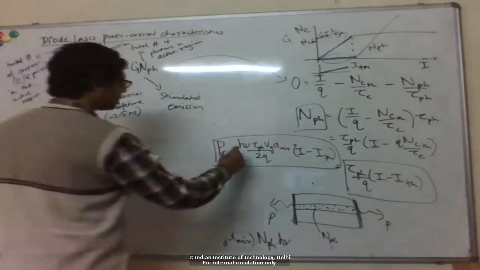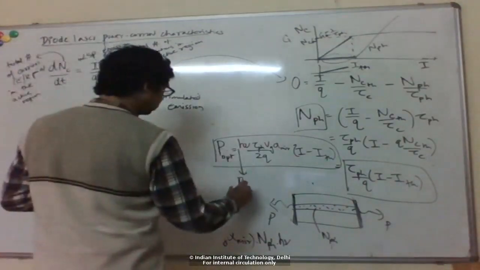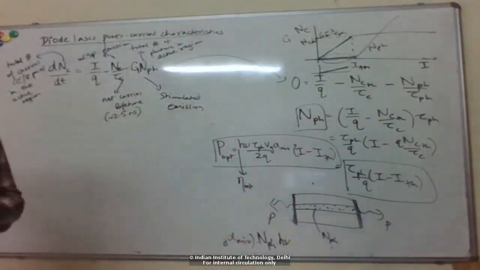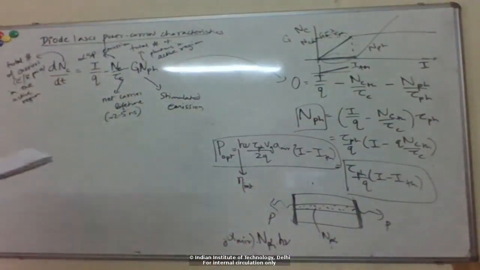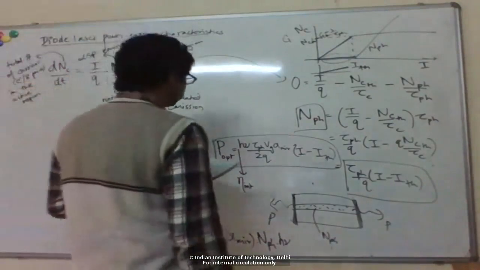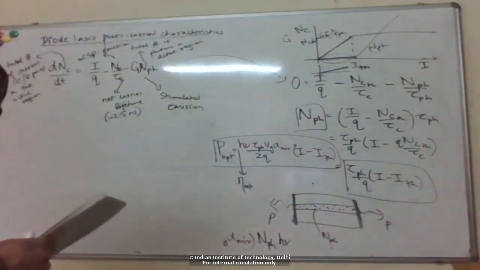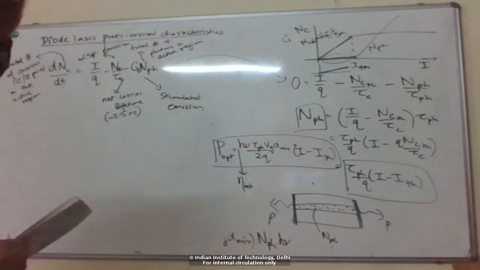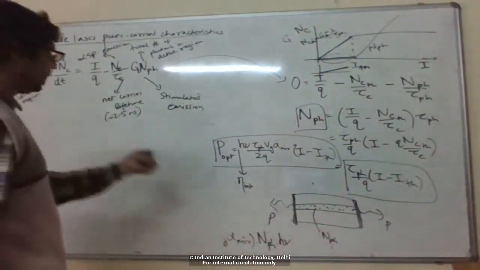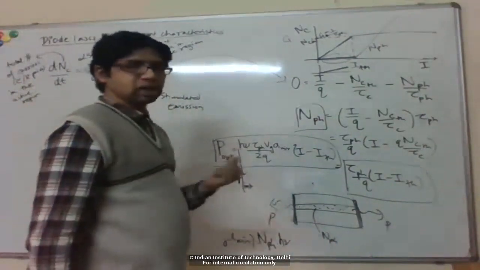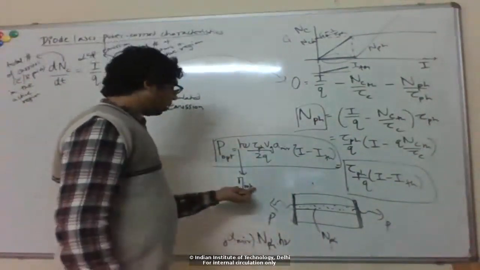Sometimes there is another factor included here, something called the internal quantum efficiency. But this is a different internal quantum efficiency as compared to what we had for the LED. For the LED, remember, this was decided by the ratio of the radiative and the non-radiative lifetime.